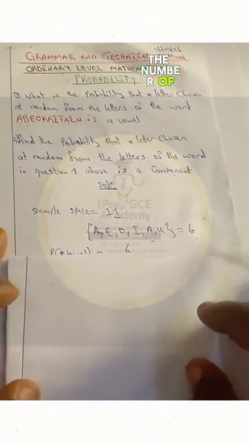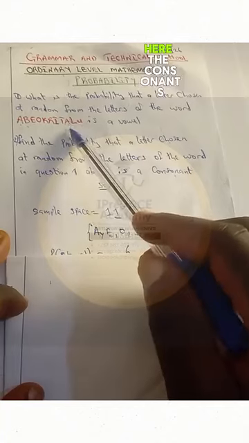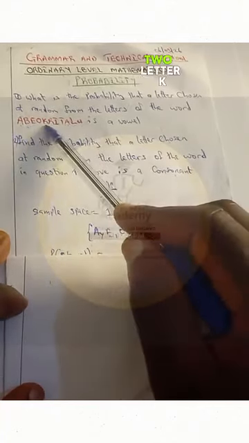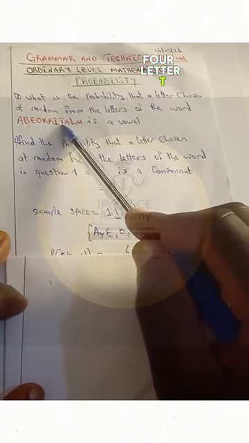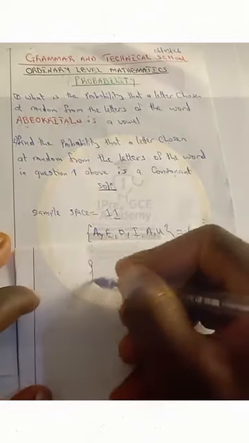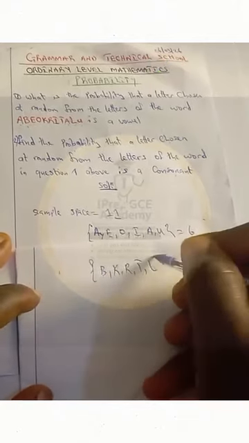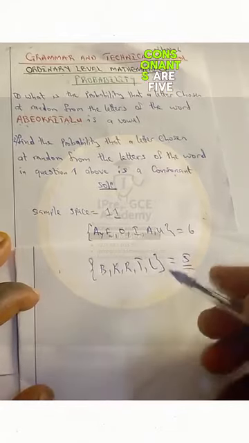Now, another way of doing it is that we can also count the number of consonants that are in this word here. The consonants up here are 1, the letter B, 2, letter K, 3, letter R, 4, letter T, and 5, letter L. So there are 5 consonants up there. The number of possible outcomes or possible consonants are 5.